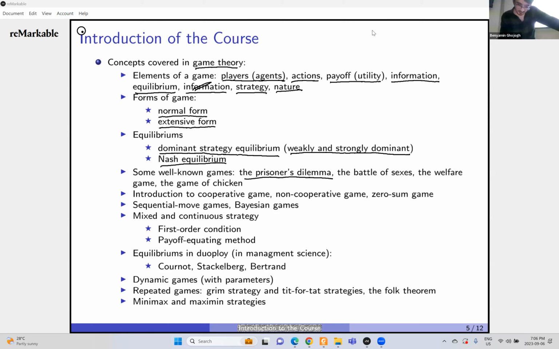We have different kinds of games, such as Prisoner's Dilemma, the Battle of the Sexes. By the way, I didn't name these. These are famous names for the games. In this game, there is a husband and a wife. They want to go somewhere in the evening. The husband says, I want to go maybe to the gym or somewhere.